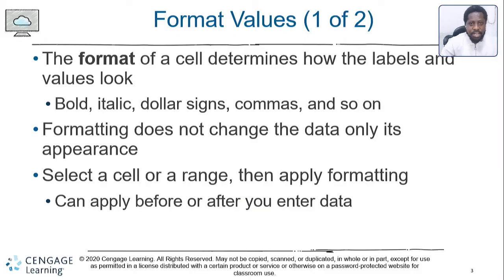So you can do this by selecting a cell or a range of cells, and then you apply a particular formatting to it. So you can actually implement a set of formatting tools or rules to a selected range of cells, or before you even input the data, or make an input into the various cells and select those range of cells and then apply the formatting tool to them.